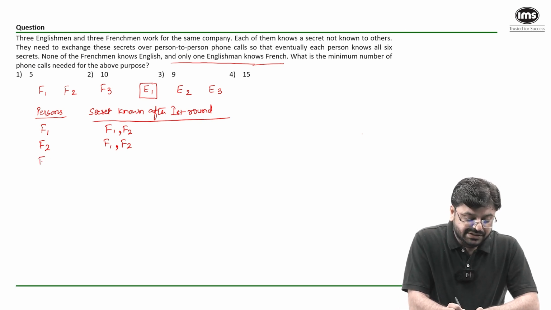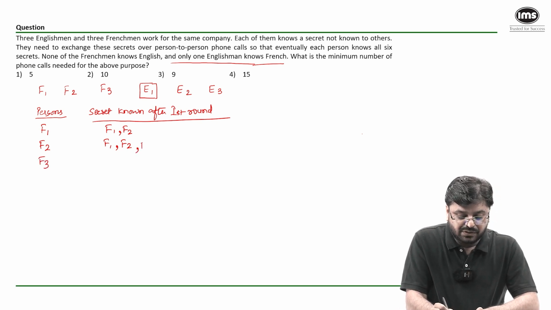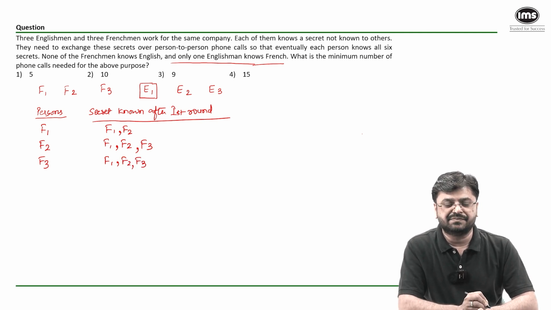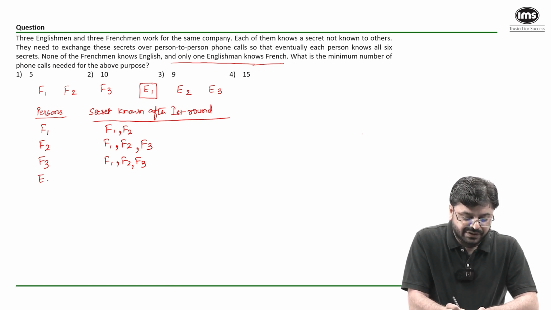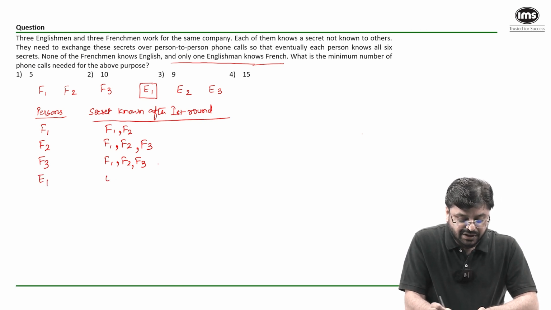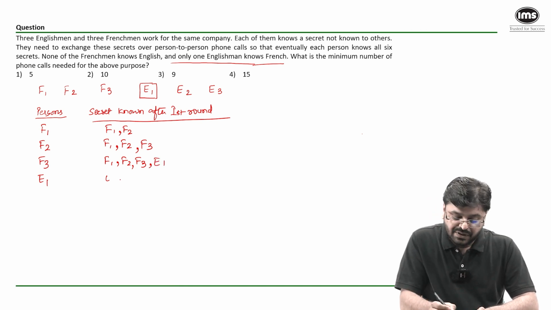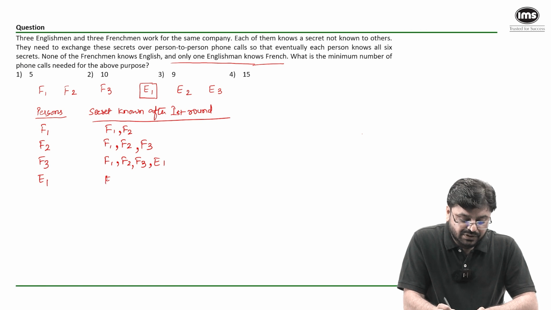Now, if F2 calls F3, F2 will know F3's secret also, and F2 will tell F3 the secrets of F1 and F2, and F3 also knows his own secret. So he knows these 3 secrets. Now, if F3 calls E1, F3 will know E1's secret also during this call, and E1 will get to know the secrets of F1, F2, F3 and his own secret.